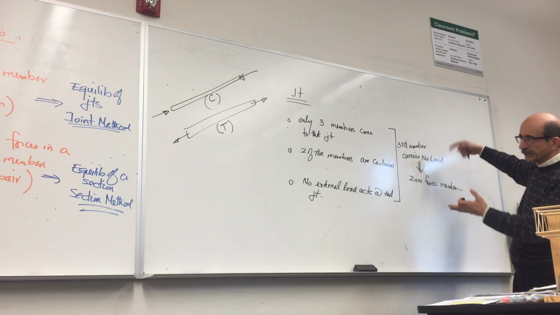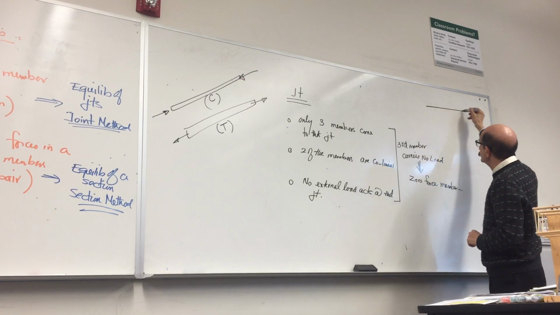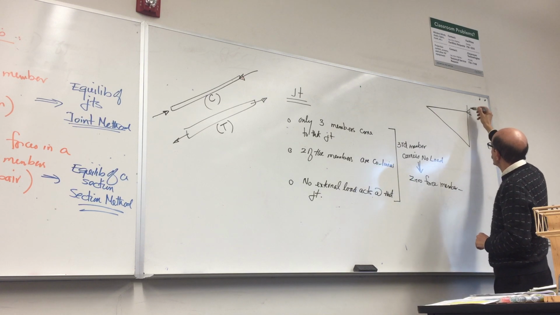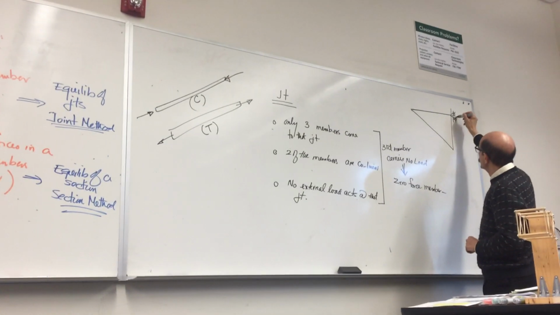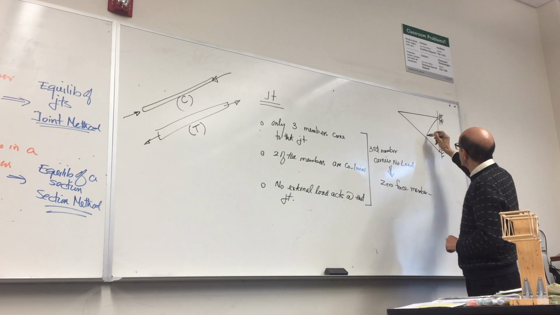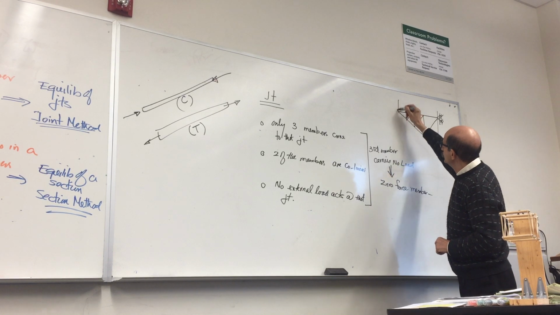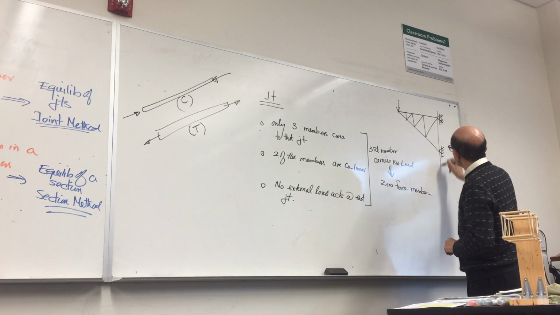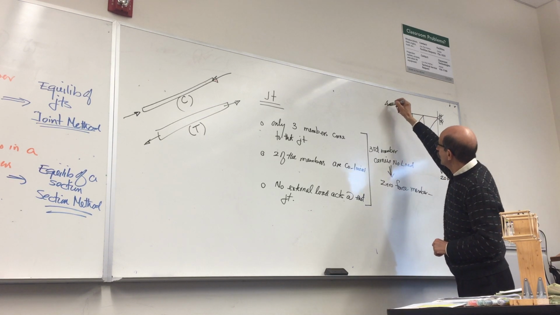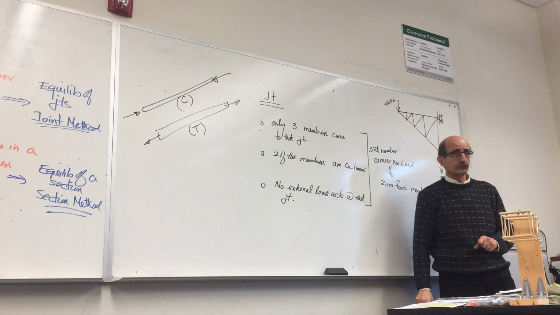Let me show you quickly, of course, I'm going to start discussing the analysis, but just to introduce this concept of zero force members. Let's say you have a truss which looks like this, and you have been asked to find all the member forces in this truss.